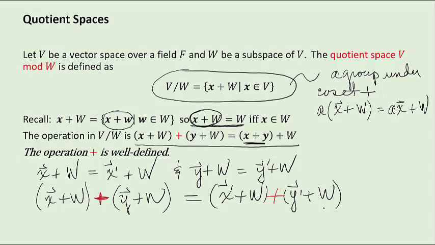The operation is well defined. It doesn't matter which representative you choose when you are adding cosets.